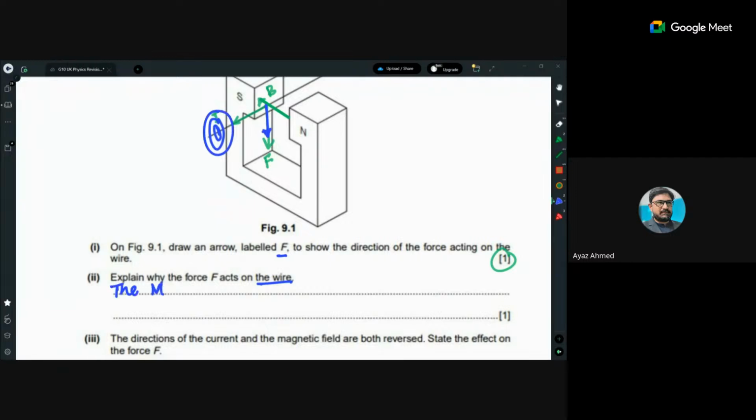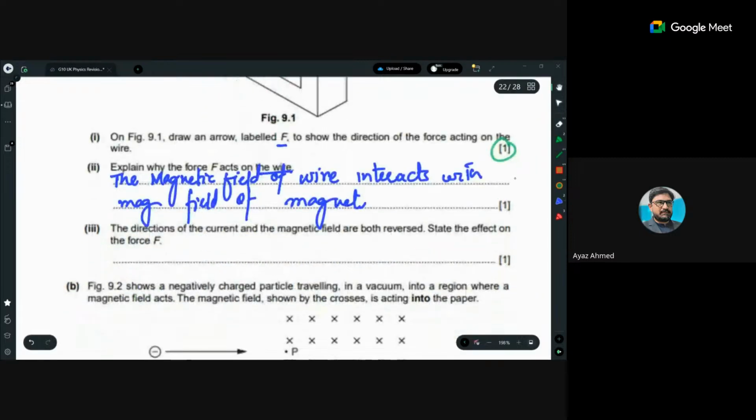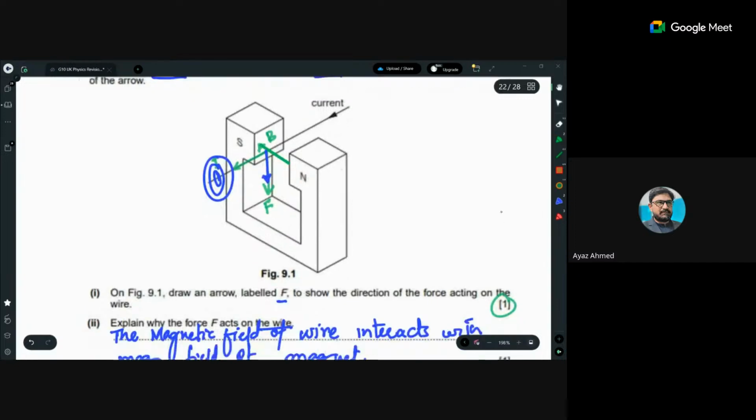So you will say the magnetic field of the wire interacts with the magnetic field of the magnet. That's why. Clear?